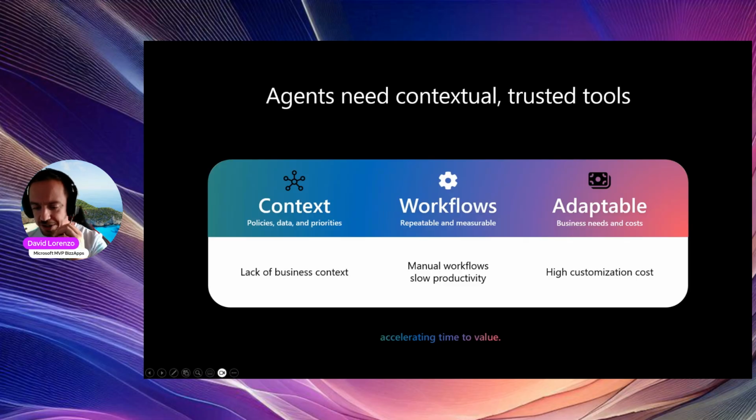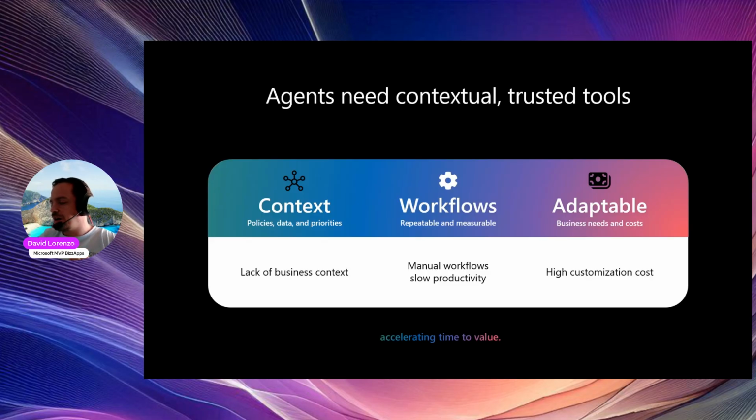And then we have the context. The context is basically which policies, which data, which priorities we give to the agents. And also we need to make it adaptable.